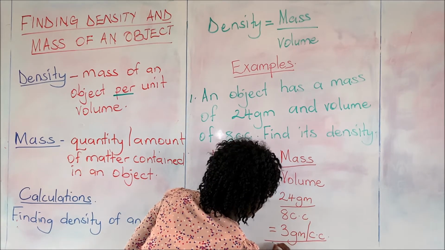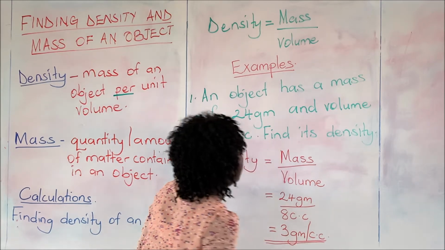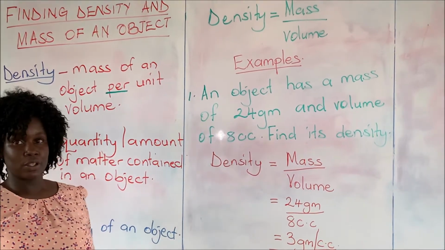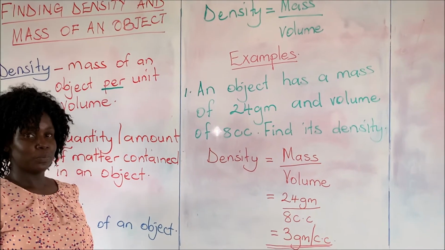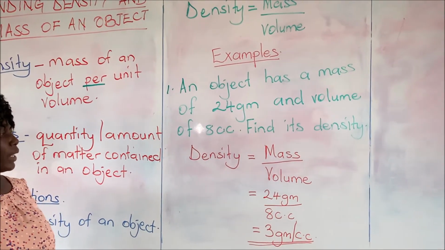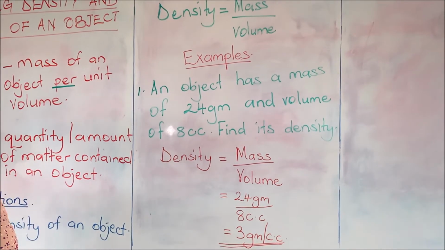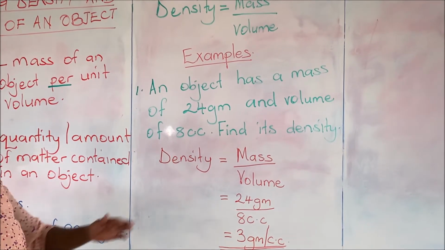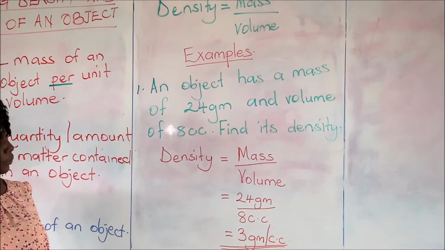That will be the density of an object. I'm giving you 1 minute. Have a look at the steps. That is our example number 1. Make sure your work is organized.